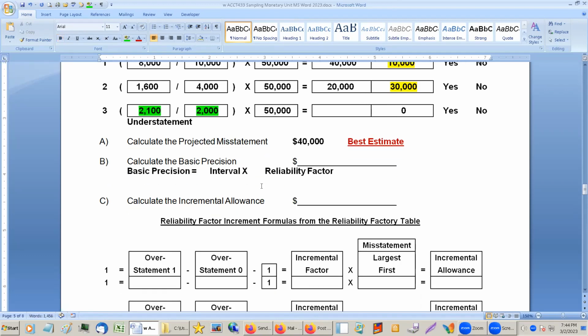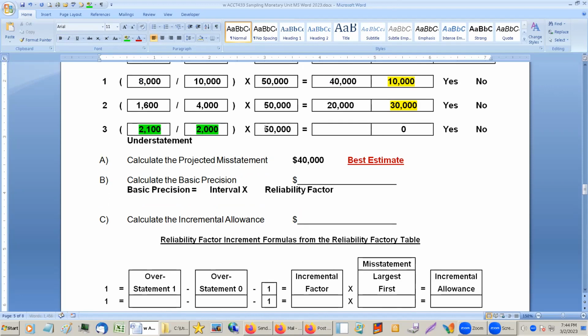Okay, so our interval, we got that. That's this. Oops. Got to copy it.